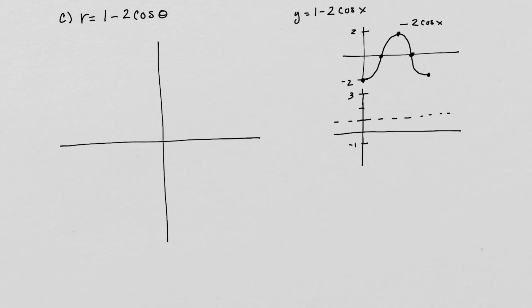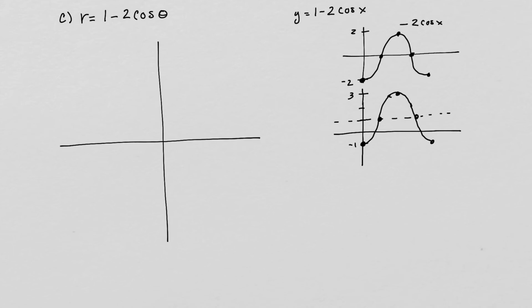I'm going to be down here at negative 1. So this point went up 1, goes up 1, goes up 1, goes up 1. So it kind of looks like that.